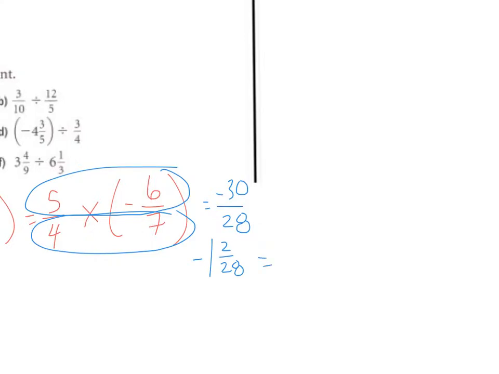Divide by 2, divided by 2, negative 1, that never changes, 1 over 14, because I divided by 2 on both sides. And my answer is negative 1 and 1 over 14.